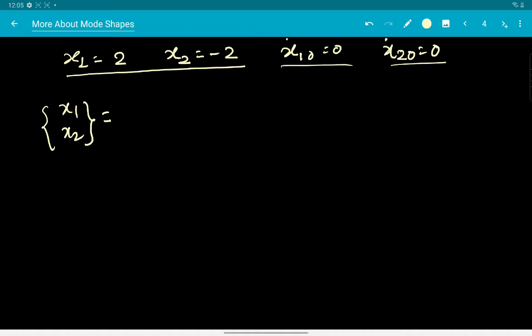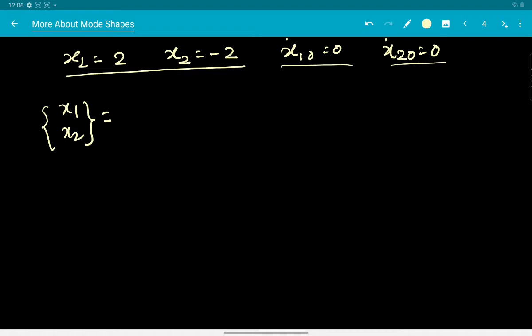You can try giving different initial conditions and see how exactly the responses of mass block number 1 and mass block number 2 move, or how their displacements change with time.